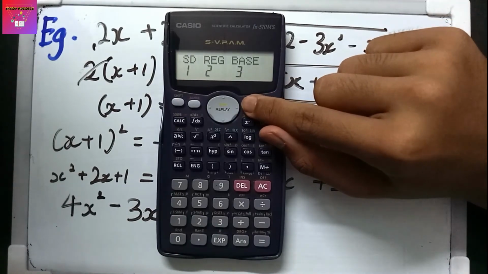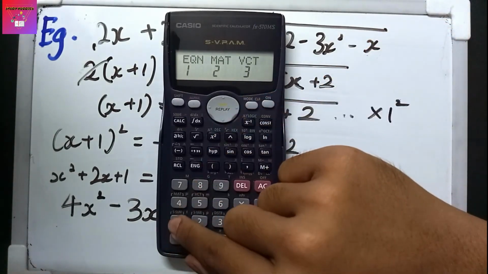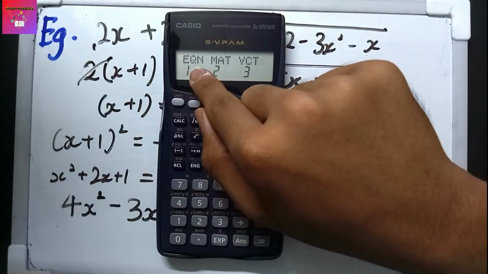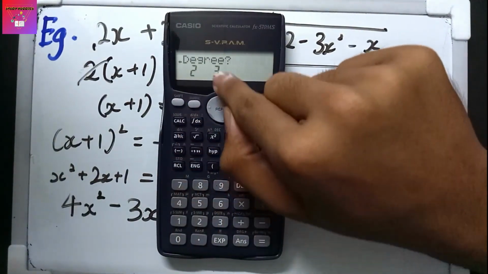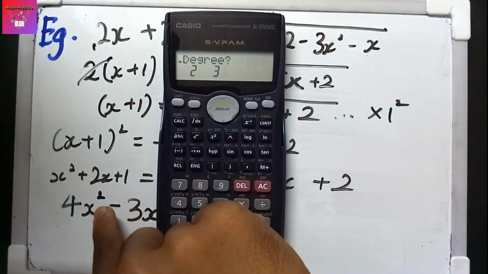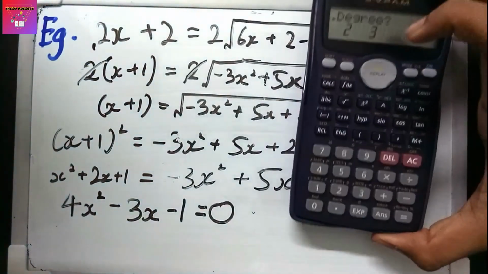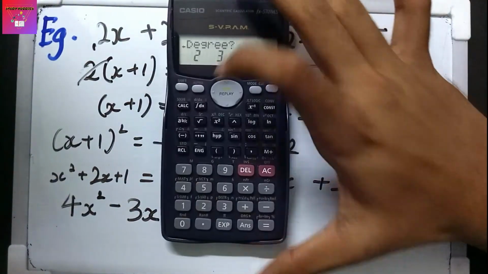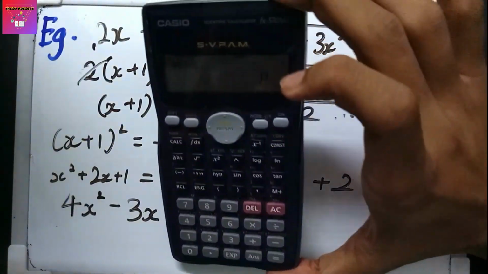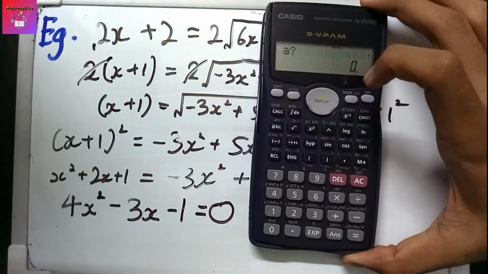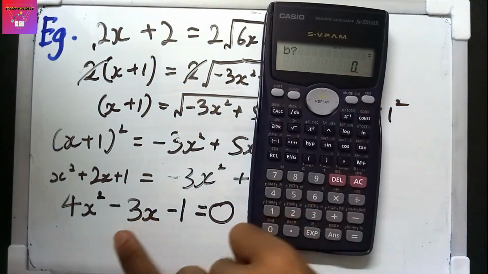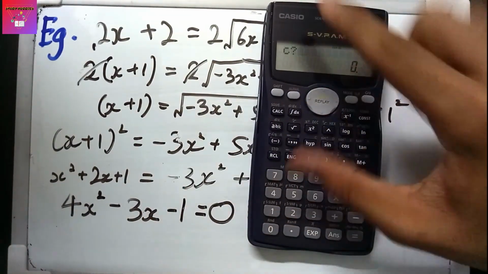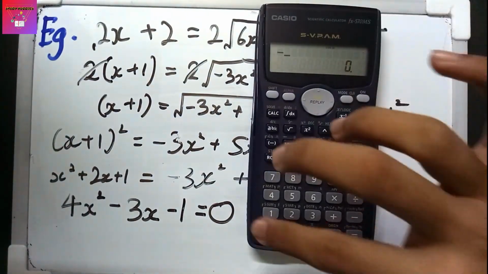So mode 1, 2, 3. So press mode 3 times, you'll see this symbol called EQN. Press number 1, go to degree. So since you see your whole equation is a power of 2 equation, choose number 2, and now just input your values inside. So A is 4, B is negative 3, C is negative 1.